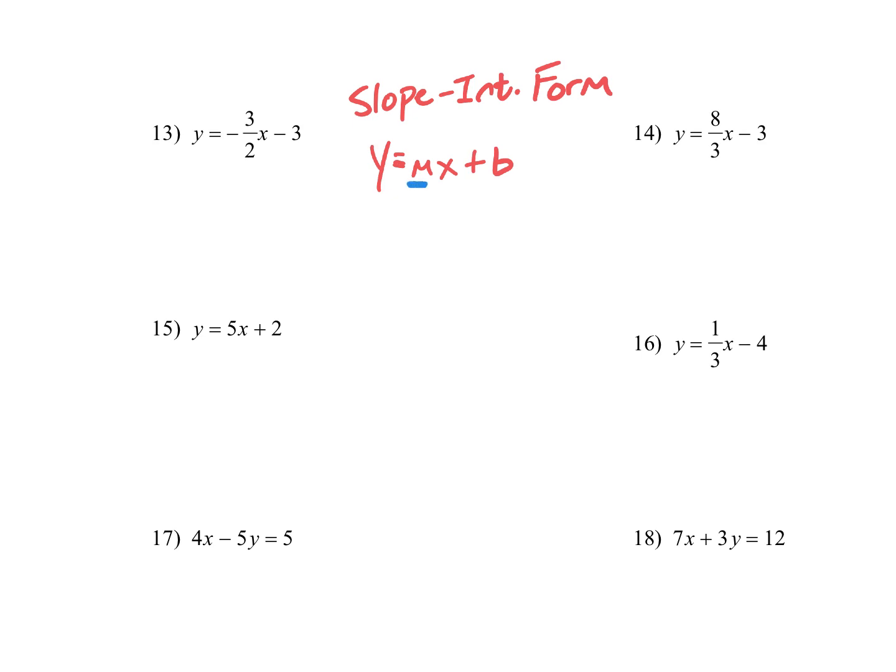The thing there is you remember whatever number is with your x, that is simply your slope. So as you look at number 13 there, your slope is just going to be the number that is in front of the x. Well, what number is in front of the x? Negative 3 over 2. You're 100% correct. So your m here is negative 3 over 2.